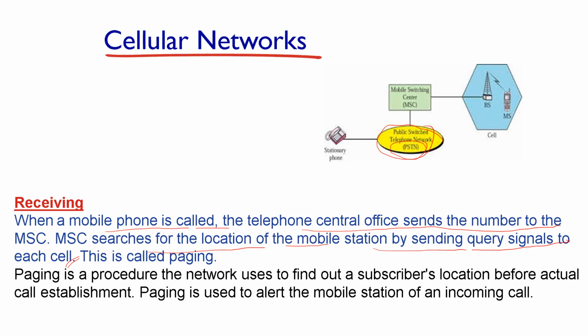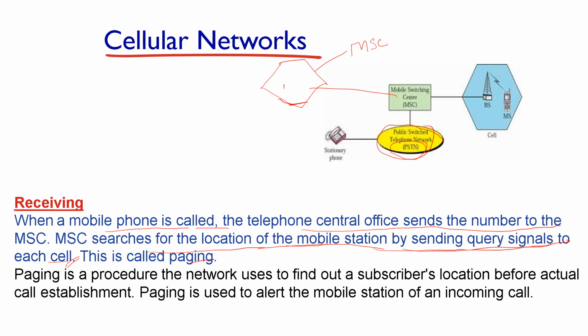So this MSC will be connected to some more cells. Multiple cells will be controlled by a single MSC, and the MSC searches for the receiver by sending query signals to each cell under its control.